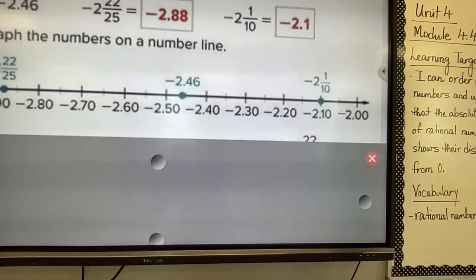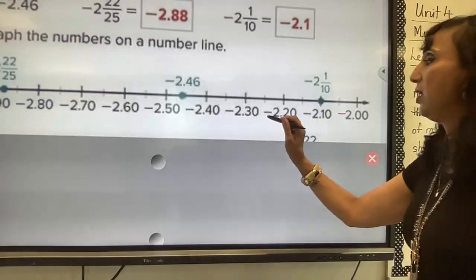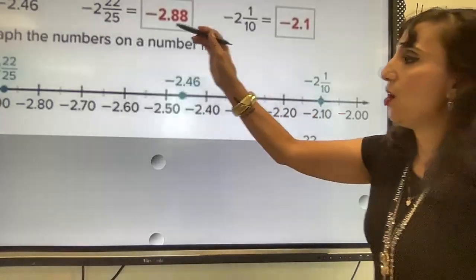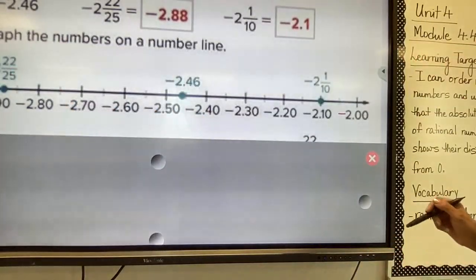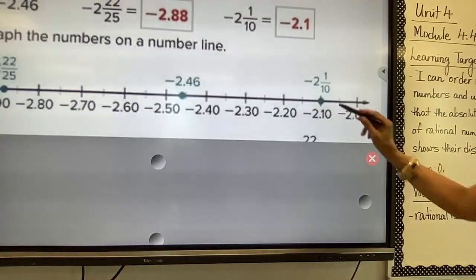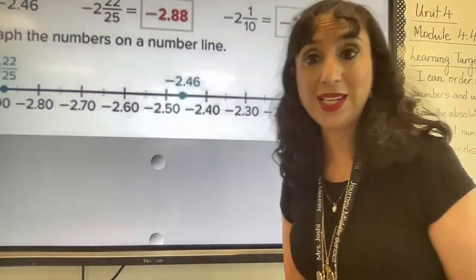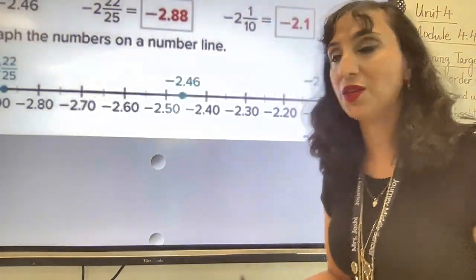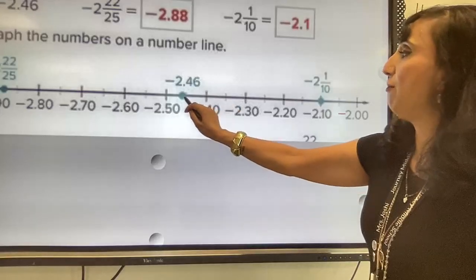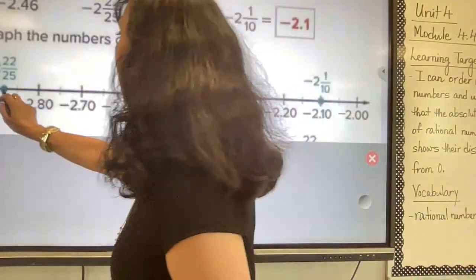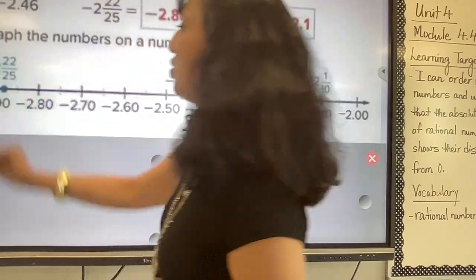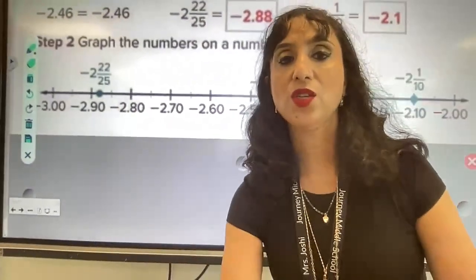And then if I'm looking at it, I've cut it into 10 parts: negative 2 and 10 hundredth, negative 2 and 20 hundredth, negative 2 and 30 hundredth, and so on, all the way to negative 3. Based on what I had just done, this is negative 2 and 1/10, because negative 2 and 10 hundredth is also negative 2 and 1/10. Negative 2 and 46 hundredth would fall here, and negative 2 and 88 hundredth would fall here, which is negative 2 and 22/25.